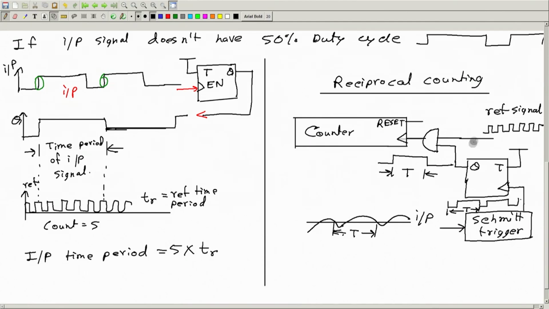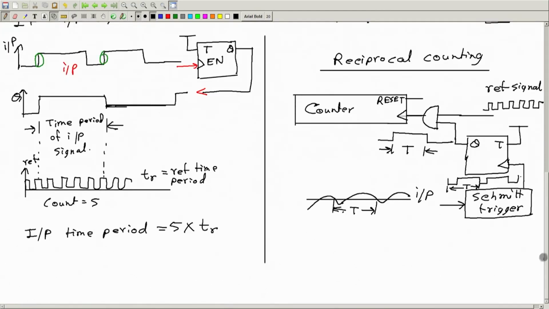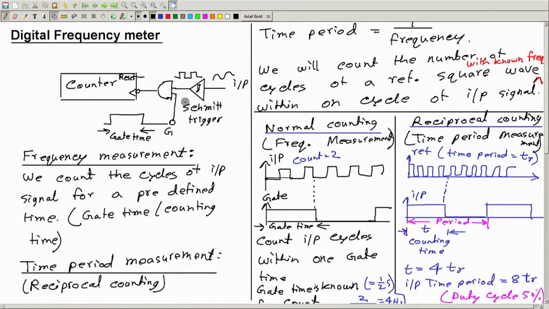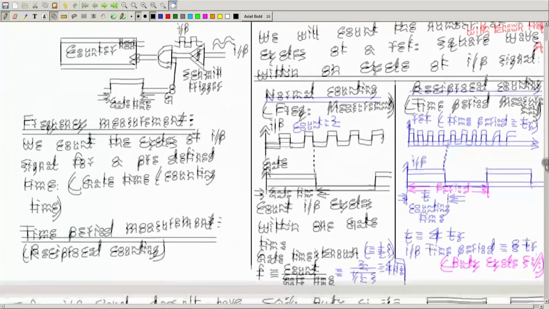The only difference is the role of the input and the reference is reversed. So, here we are counting the reference signal within one period of the input, and in normal counting we are counting the input signal within one period of the gate signal. So, these two change their roles in normal and reciprocal counting.